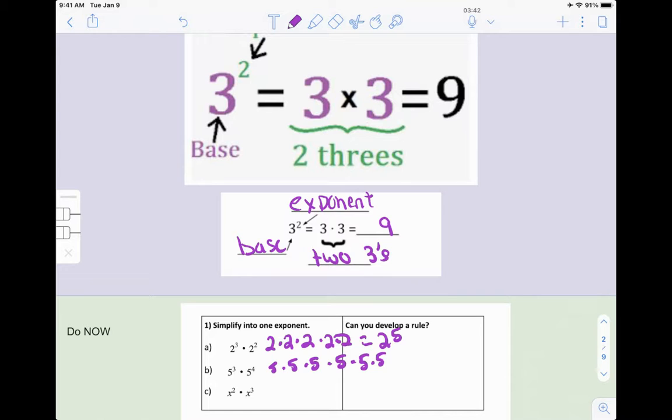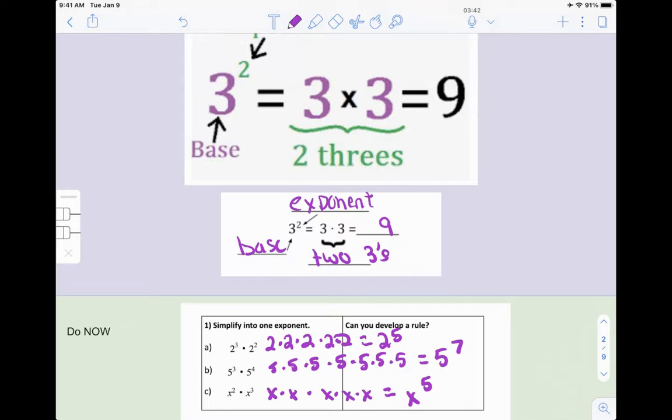So you have a total of 7 5's, or 5 to the 7th power. And on the last example, x squared times x cubed gives you a total of 5 x's being multiplied together.